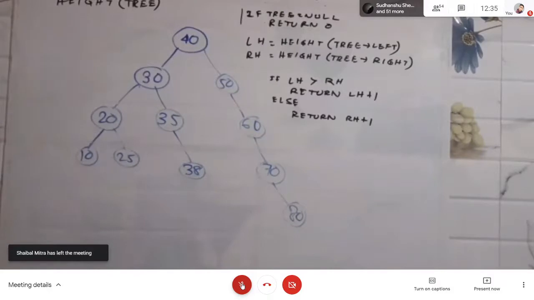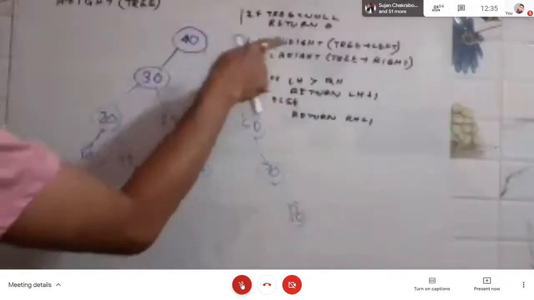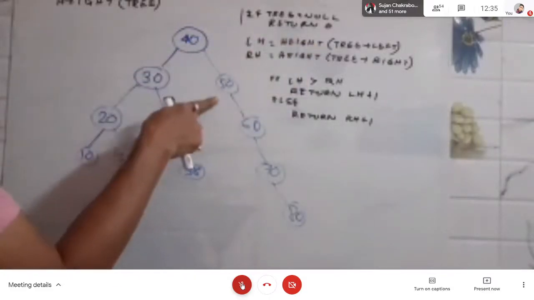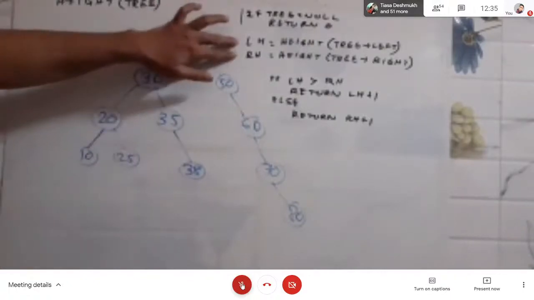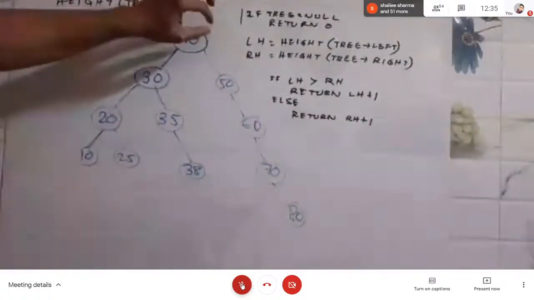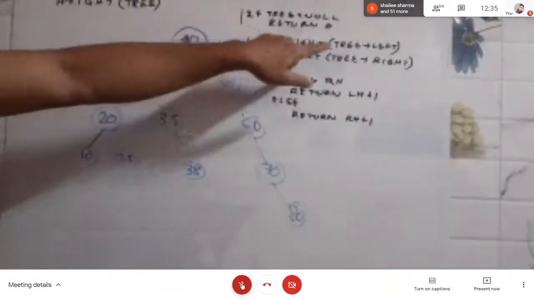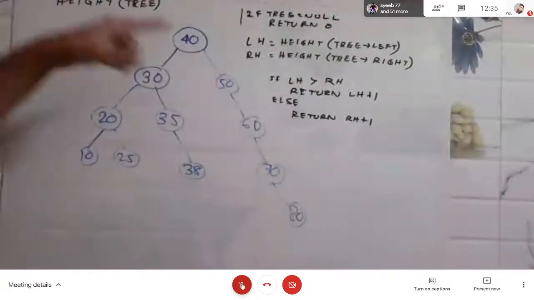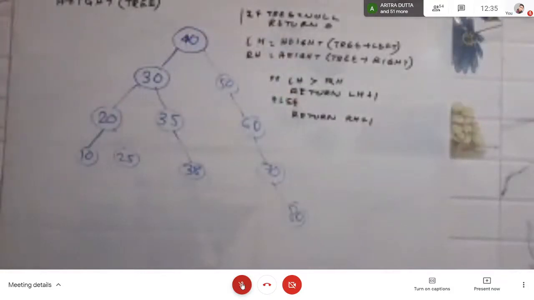In that case, what is called? 40 is calling height with its left subtree and also height with its right subtree. But keep in mind that these two are not parallelly called because it is a recursive call. So first your height is called with the left subtree and it will be executed and returned back. Then it will be calling its right subtree and it will be executed, returned back.